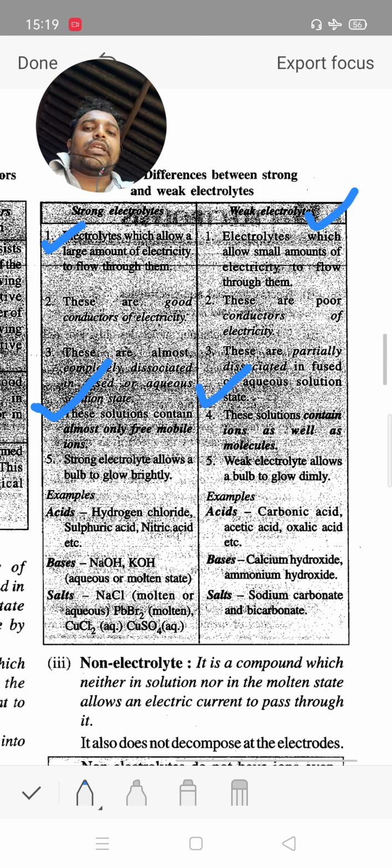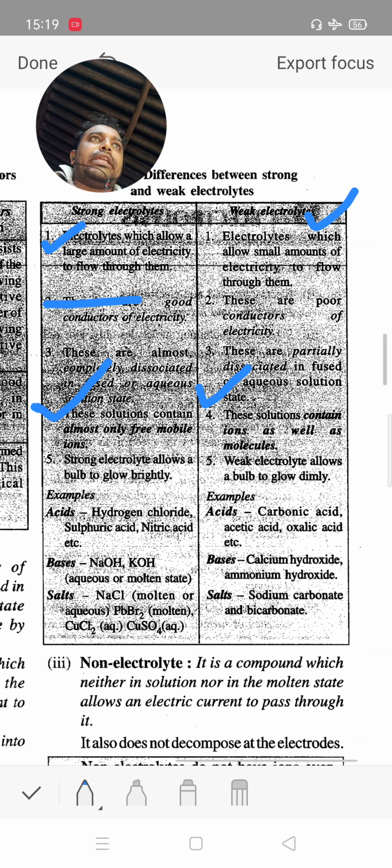Strong electrolyte, being completely dissociated, allows a large amount of electricity to flow through them, and weak electrolyte, being partially dissociated, therefore is poor, meaning a small amount of electricity passes through them.